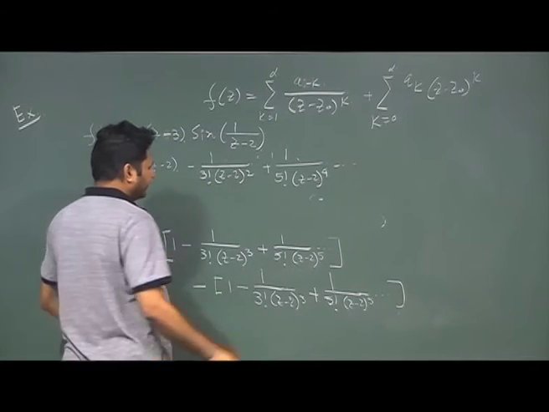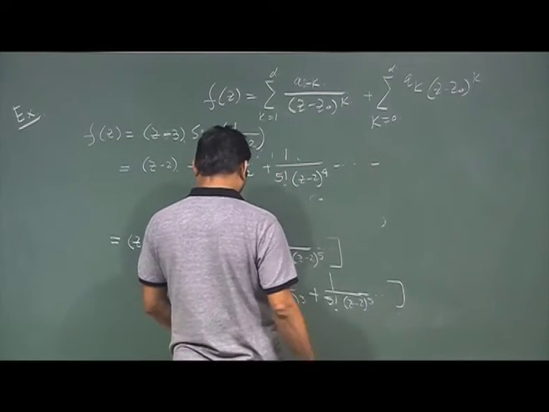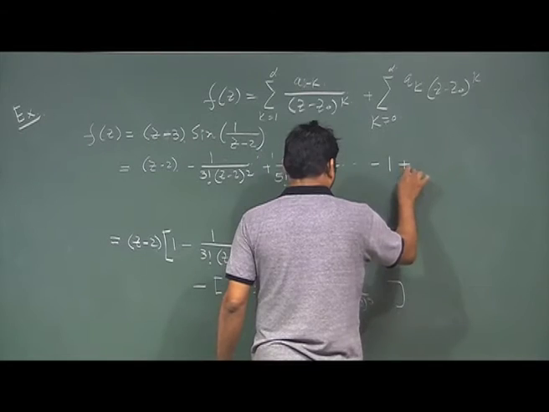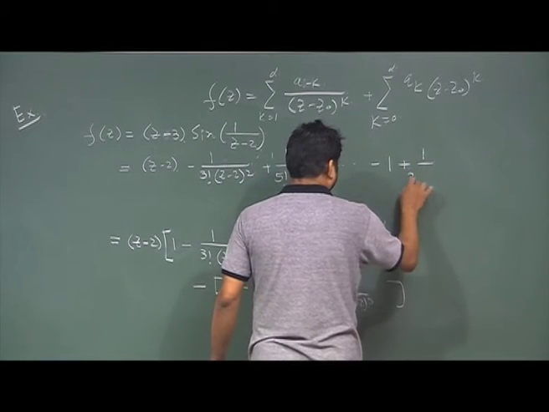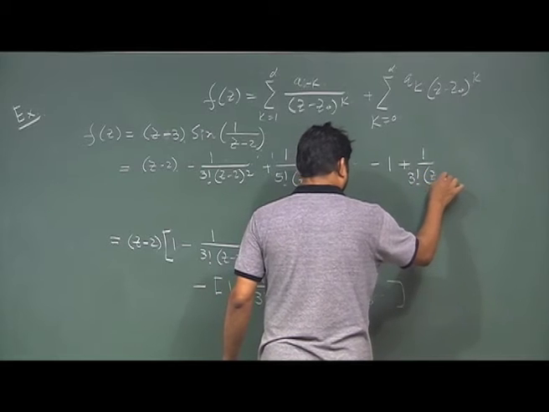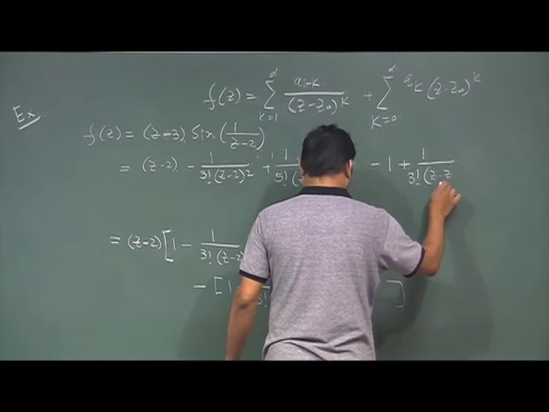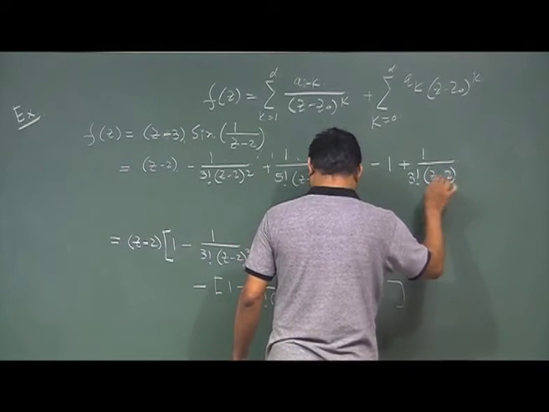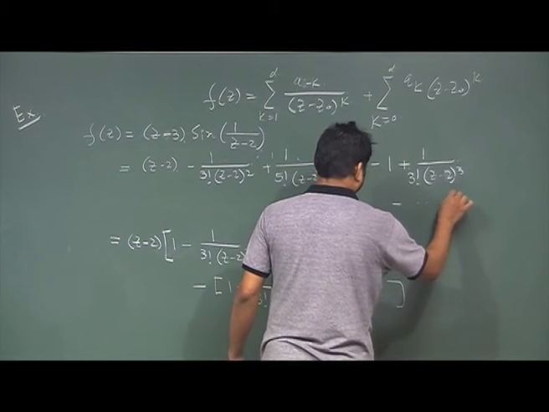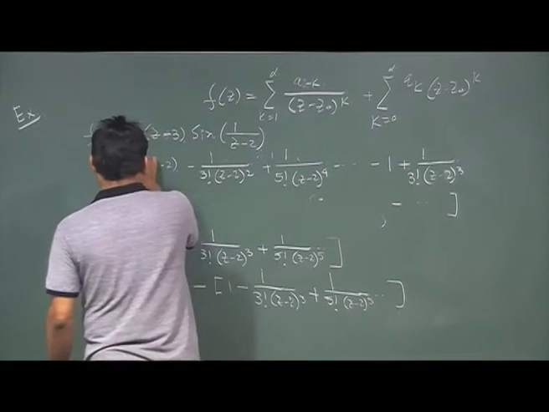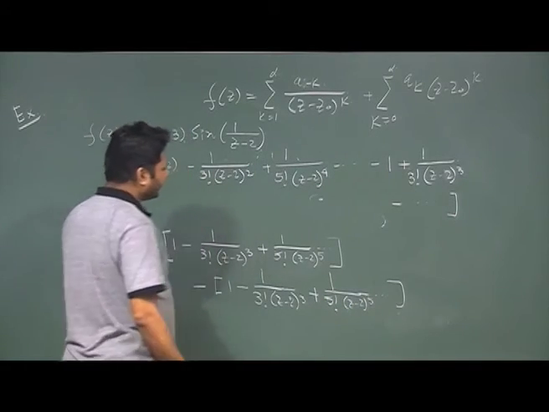Along with that we have this part also: minus 1 plus 1 by factorial 3 (z minus 2) cube and so on. So, this is my total expansion.